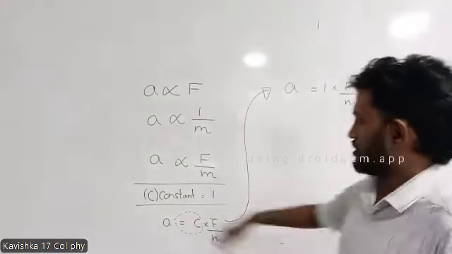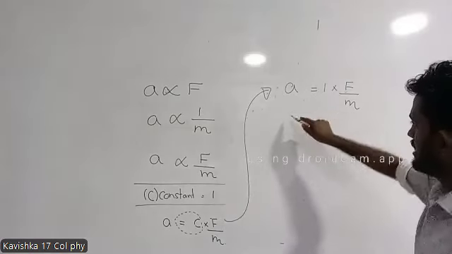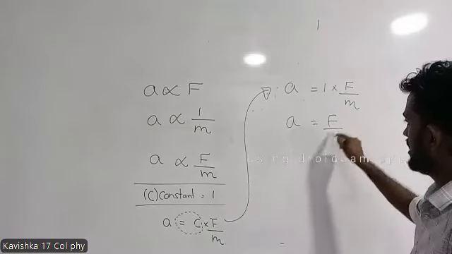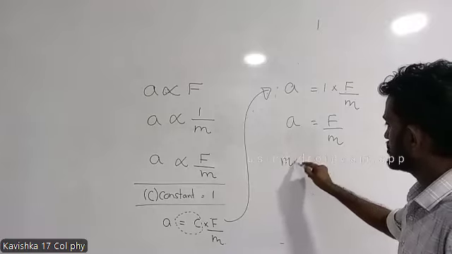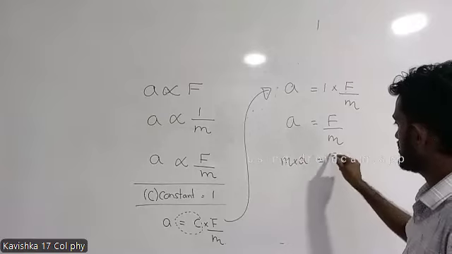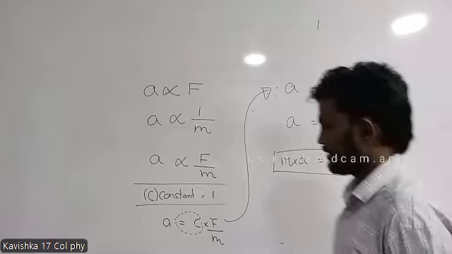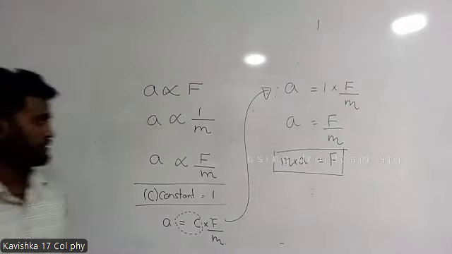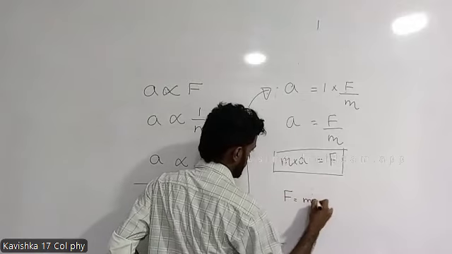Since the value is 1, there's no need to write 1. Then you can write A equals F divided by M. So you have the formula M into A equals F. So F equals M A.